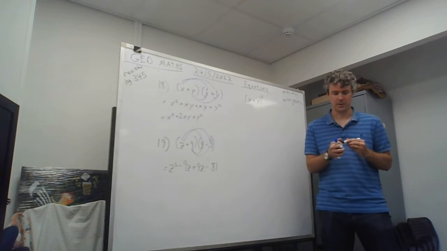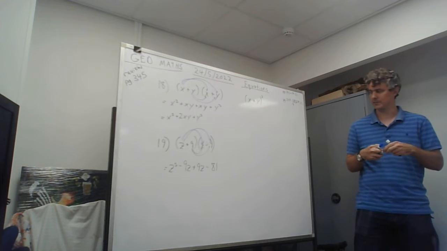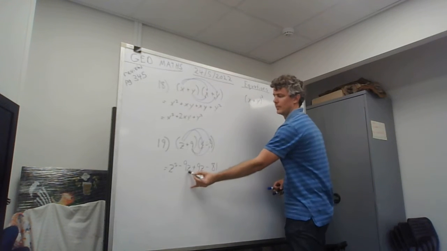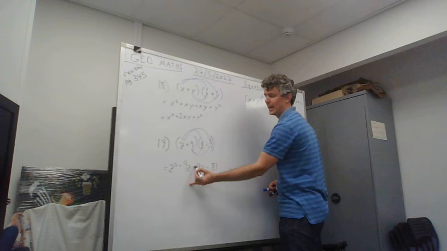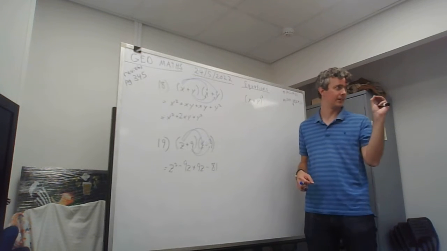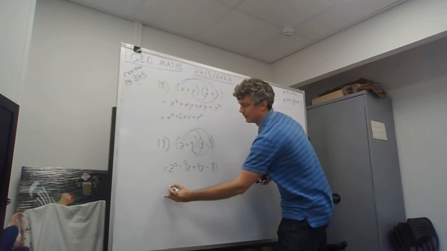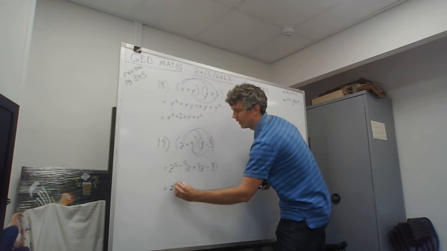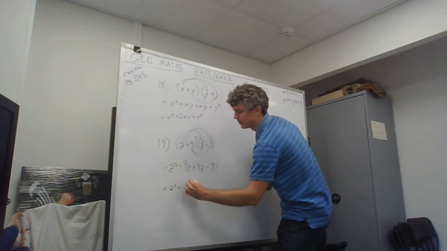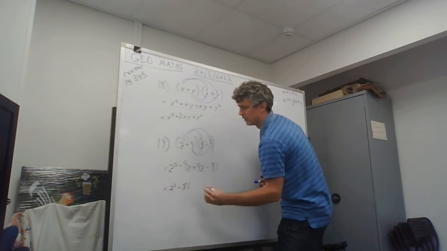Okay, and do we have any like terms? Yes, the z terms. Minus 9z and plus 9z is 0, so they cancel each other out. So we're just left with z squared minus 81.